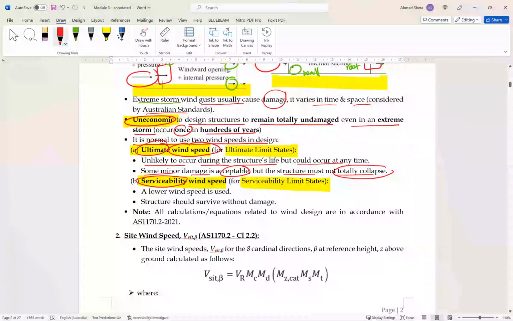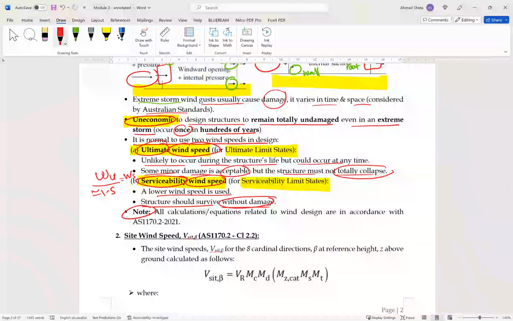For the serviceability wind speed, a lower wind speed is used, which is the ultimate wind speed divided by almost 1.5. So this gives us V serviceability. It is lower in value. The structure should survive without damage. So the difference between serviceability and ultimate is that no damage should happen.